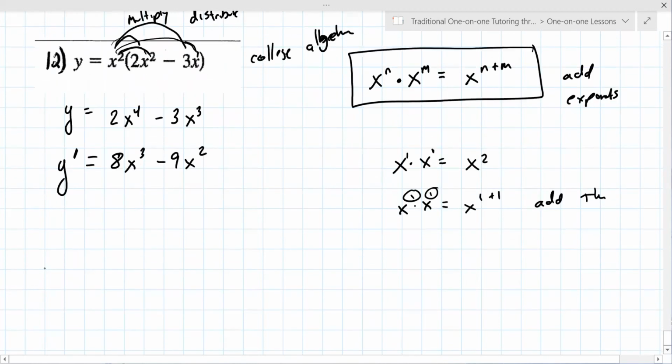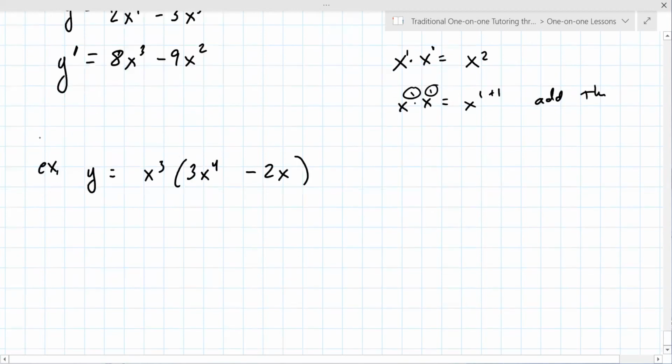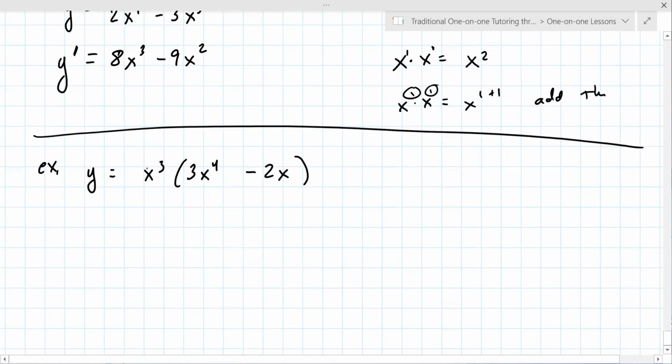Yeah. Okay, so let's do another example. Let's say y equals x cubed times 3x to the fourth minus 2x. So you're going to multiply in. So this 3 with this 4. I'll do it.